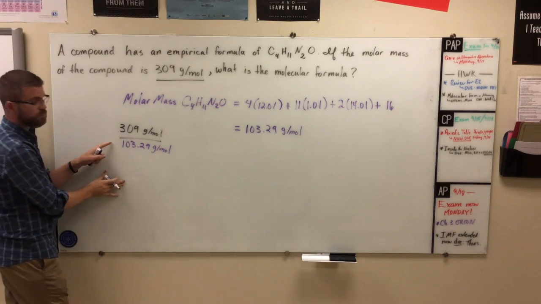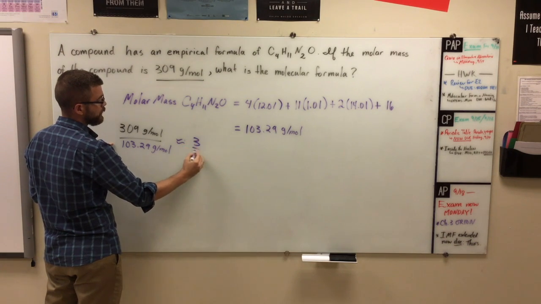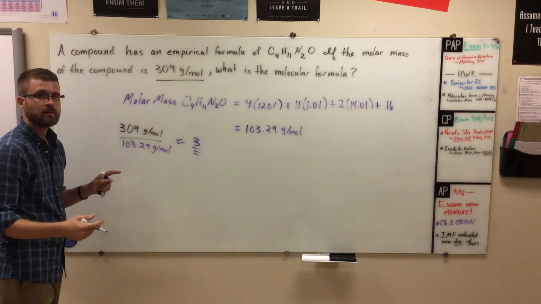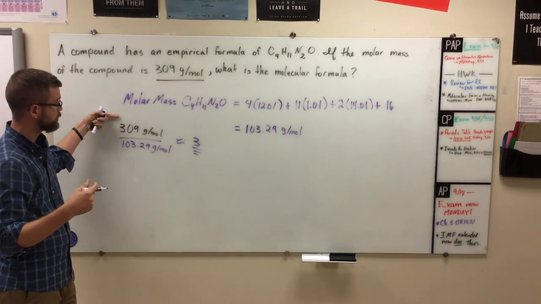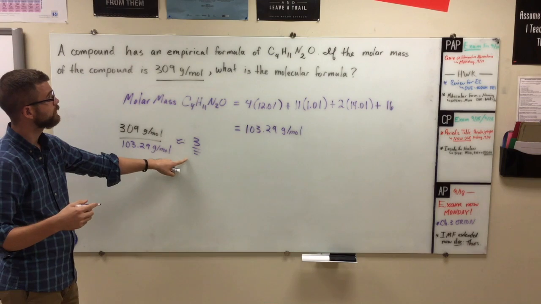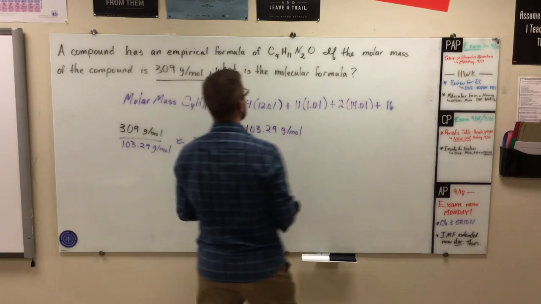You'll notice we don't even really have to crunch through this. You can see that it's pretty much 3, which means the ratio between this compound and this compound is 3.